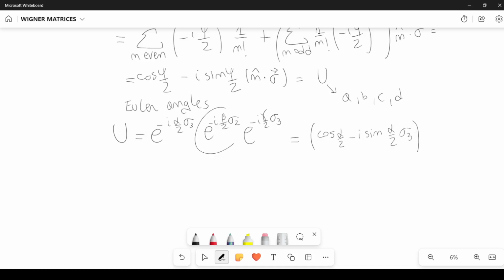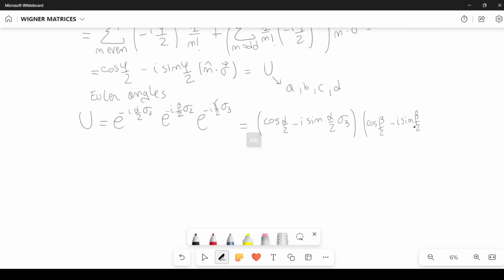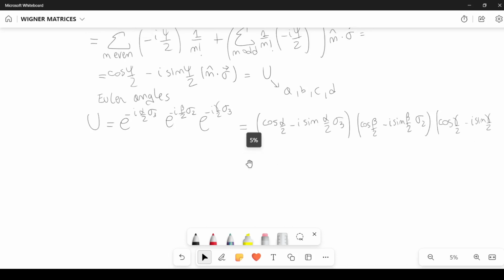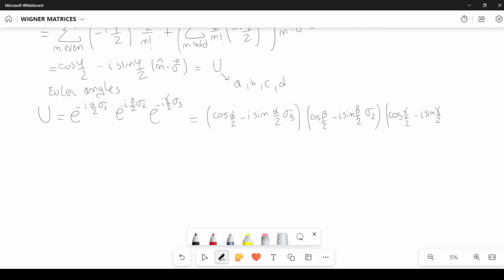Similarly, you can express this one as cosine of beta over 2 minus i sine beta over 2 sigma 2. And similarly, you can express this one as cosine of gamma over 2 minus i sine gamma over 2 sigma 3, and then you can multiply them.